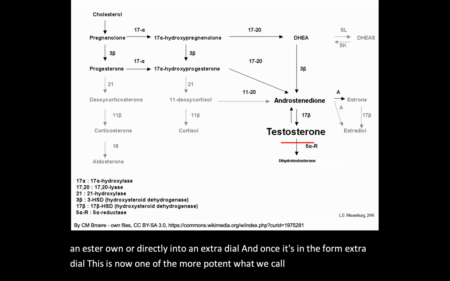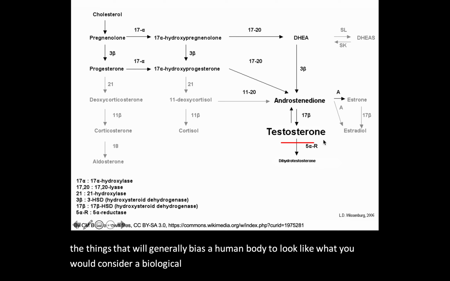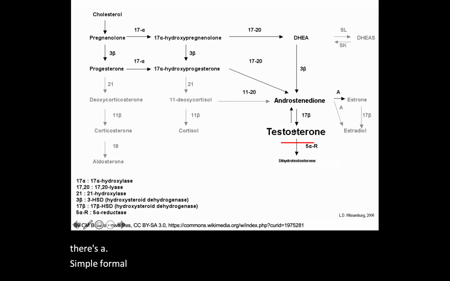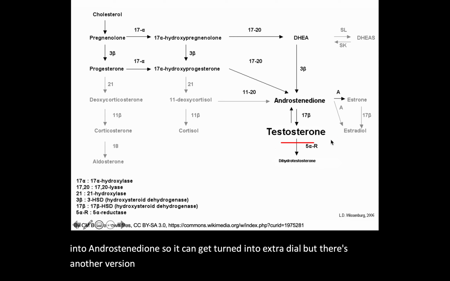These are the things that will generally bias a human body to look like what you would consider a biological female. Down here we have testosterone, and there's a simple form of testosterone that's actually made, and it can actually convert back into androstenedione, so it can then get turned into estradiol. But there's another version of testosterone where we actually lock it in.